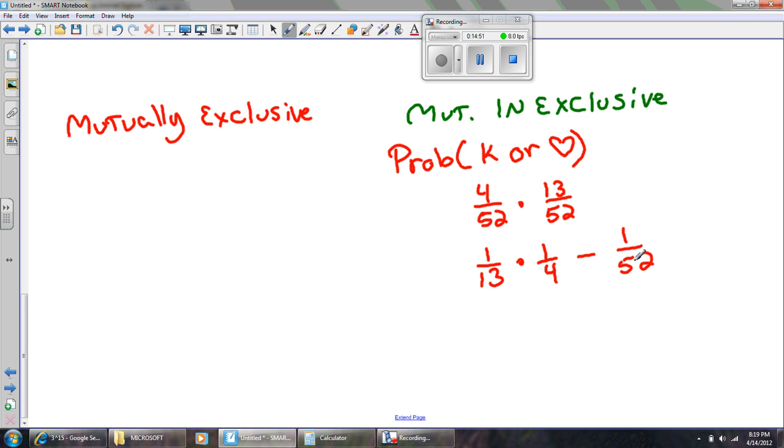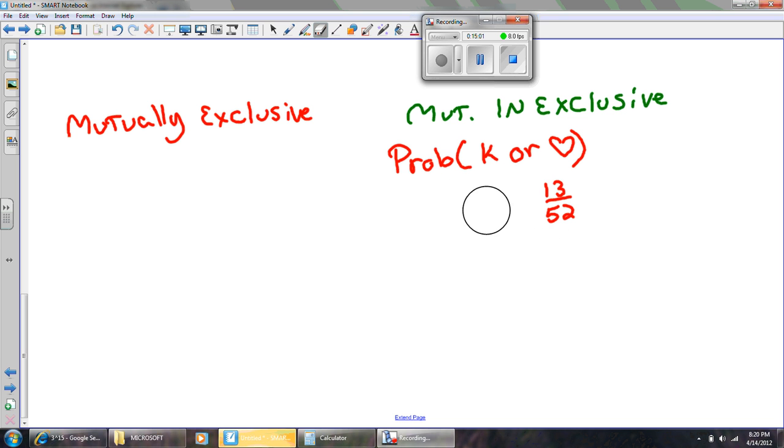All right, and hold on one second. Okay, sorry about this. I have one mistake here. I need to change something. My probabilities are right, but I don't want to multiply them because it's only a one draw situation. So I've got the 4/52, which simplifies to 1/13, and I've got the 13/52.